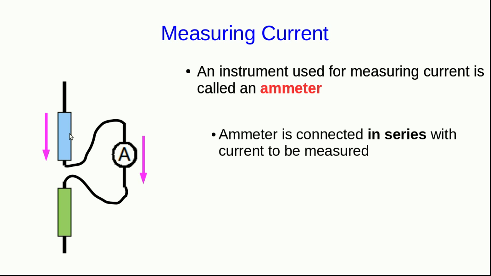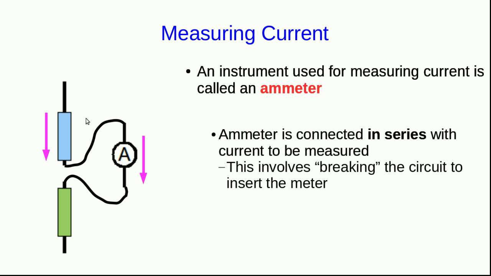That will always involve breaking the circuit to insert the meter. But now think of what that will do. In general, you would expect that since the ammeter must have some resistance, that will have slightly reduced the current. And so again, that wouldn't be very useful.